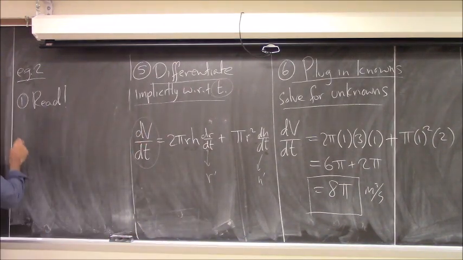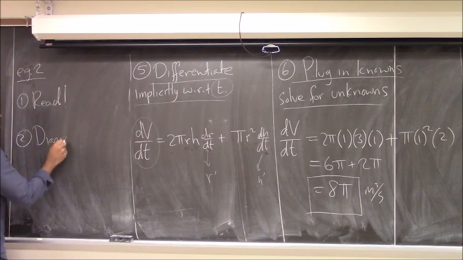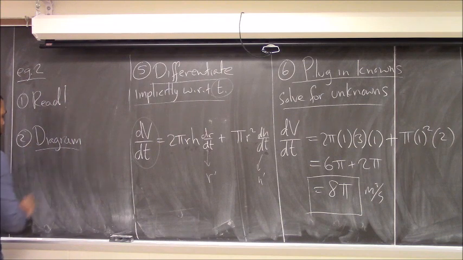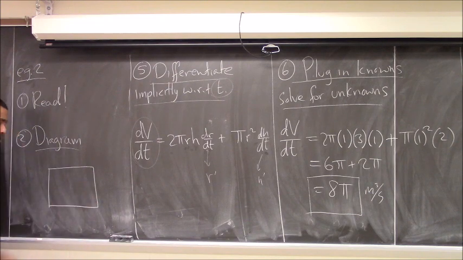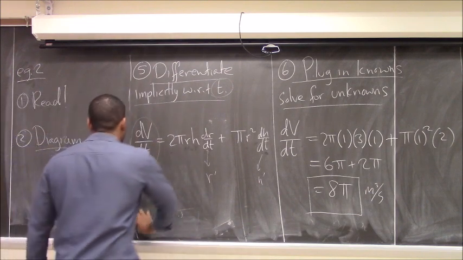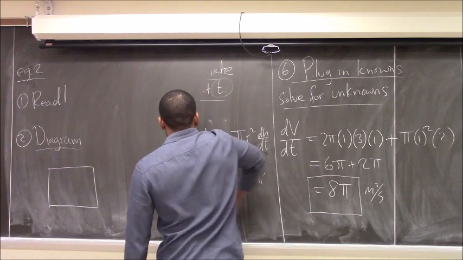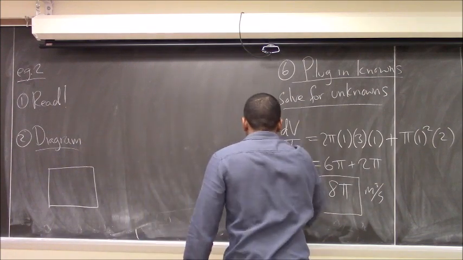It's going to be one describing a rectangle. So step 2, here I'm going to throw in that diagram. What's the diagram? Rectangle. Alright, so I'm going to draw a diagram and label it.